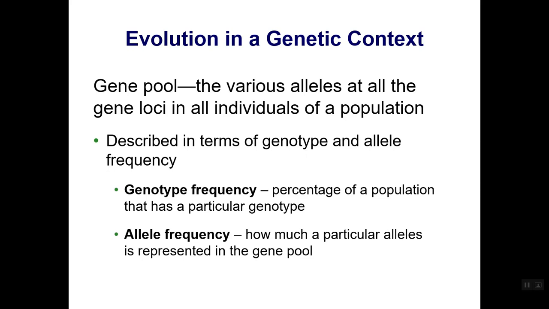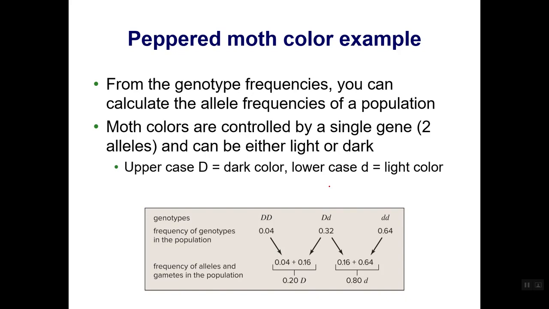The genotype frequency is the percentage of a population that has a particular genotype. The allele frequency is how much of a particular allele is represented in the gene pool. We'll elaborate. From the genotype frequencies, you can calculate allele frequencies of a population. So let's do an example.